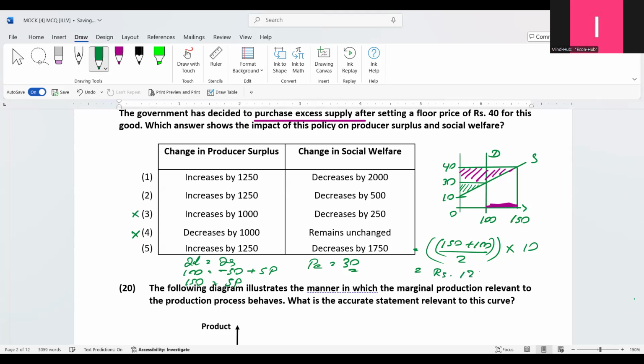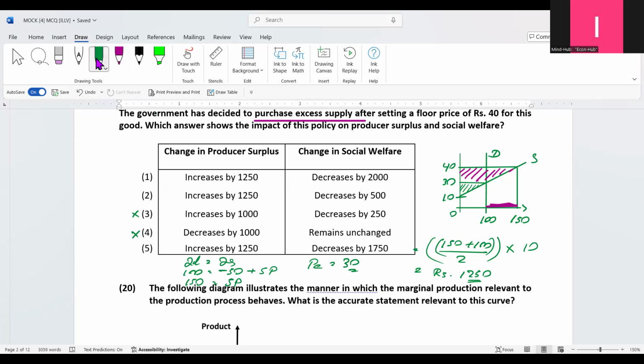Rupees 1,250. Then our second requirement of the question is change in social welfare. Now we know in these situations the social welfare includes the deadweight loss, but here there is no deadweight loss area to particularly describe.